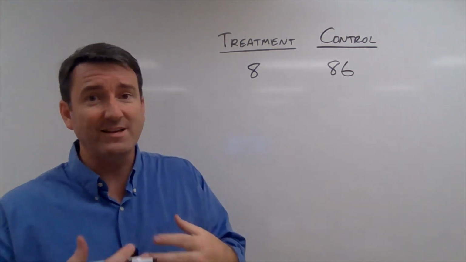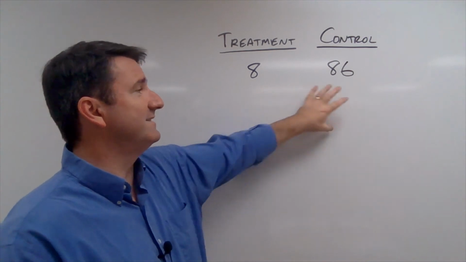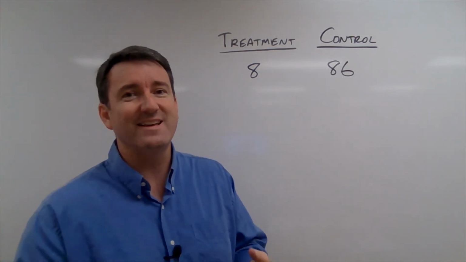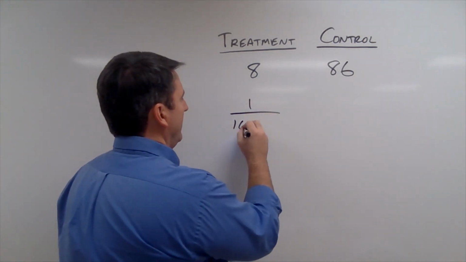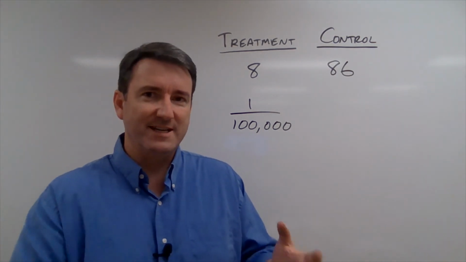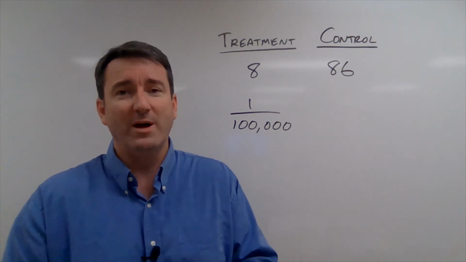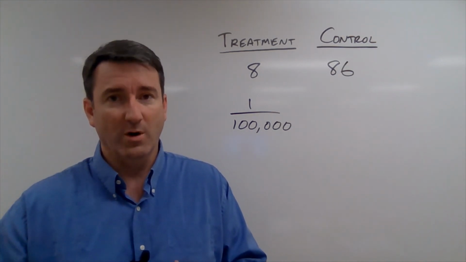We're told that calculations show that the probability of this difference between the groups occurring by chance is less than 1 in 100,000. And we're asked, is this result significant at the 0.05 level? Is it significant at the 0.01 level? And would it be reasonable to conclude that the vaccine works?